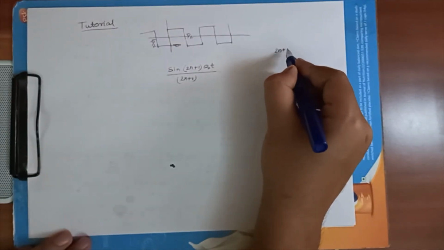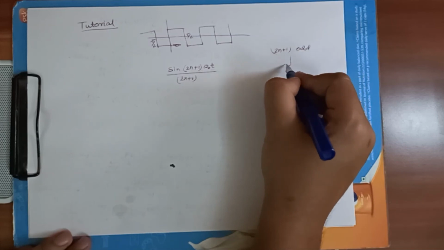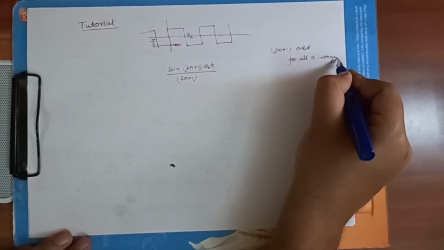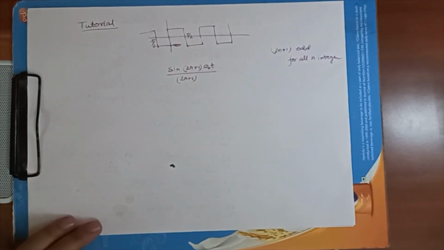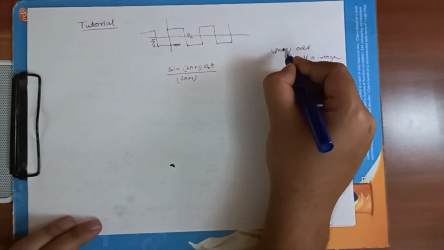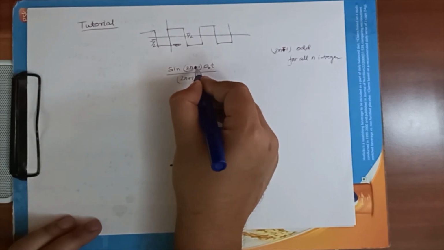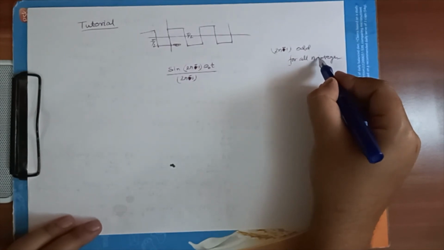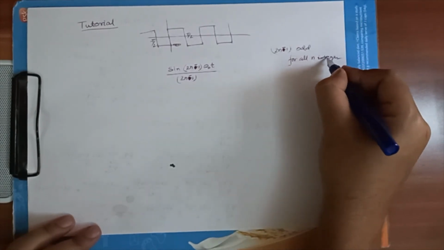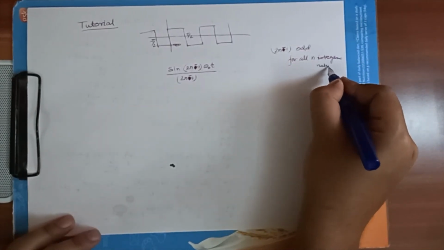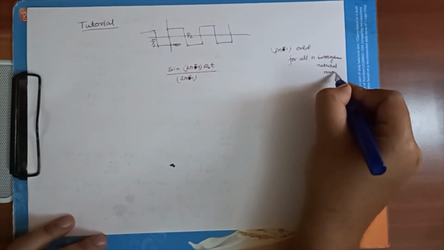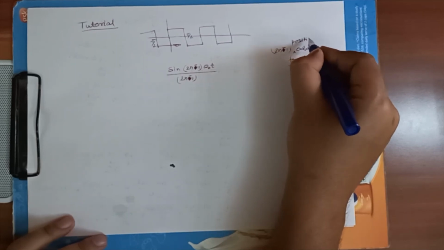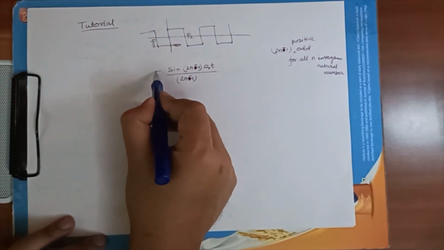So 2n plus 1 is always odd for all n integer, right? Or we can write 2n minus 1, then it will be even better, 2n minus 1 for all n, I will replace integer by natural numbers. So this is positive odd. That is exactly what is required for our particular series we have developed.